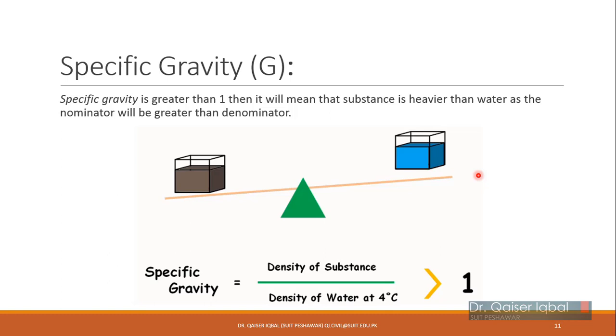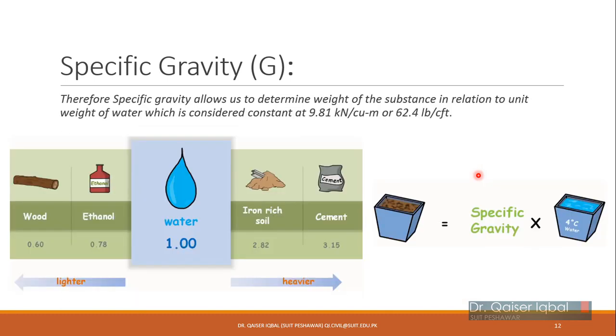So if one substance has a specific gravity of 2.5 and another has a specific gravity of 3, we will automatically know that the substance with specific gravity of 3 is heavier than the 2.5 one.